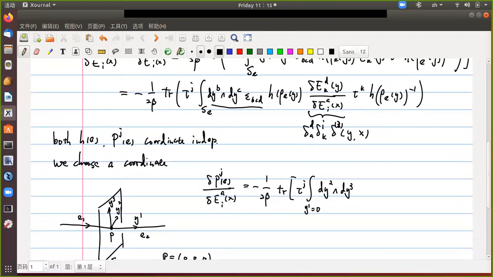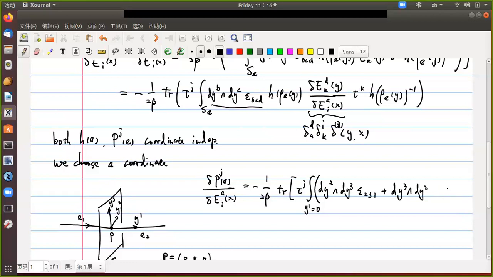You don't have dy1, because dy1 as a differential form, when restricted on the surface, is 0. So when you write this part in coordinates, it is epsilon 2, 3, 1 dy2 wedge dy3 plus dy3 wedge dy2 epsilon 3, 2, 1.